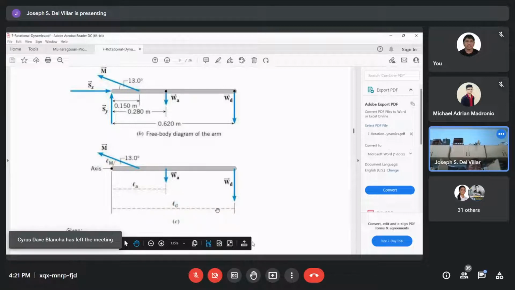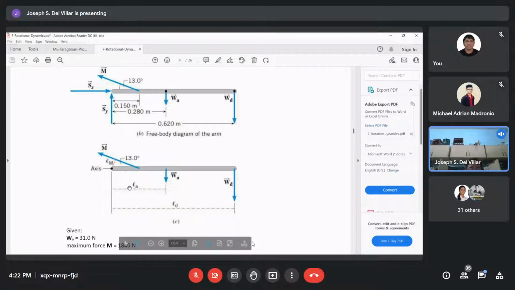Okay? So ito na ngayon yung kanilang lever arm. So makikita nyo yung dalawang weight, walang problema sa lever arm. Makikita natin 0.28 at 0.62. Ang problem natin is kapag ang force ay naka-inclined, what will be the lever arm? So nakita nyo yung lever arm ng deltoid muscle is ito lang, maliit lang.